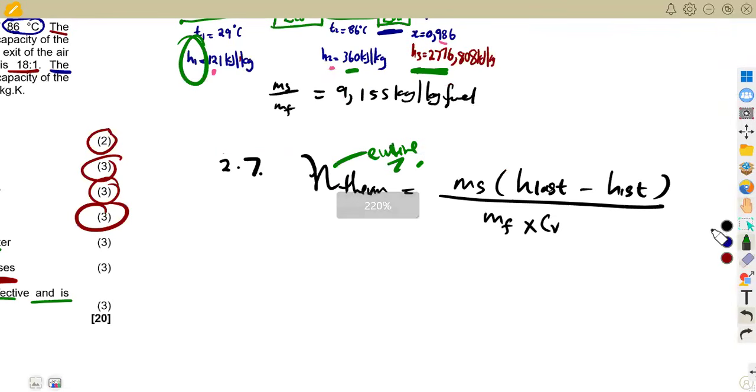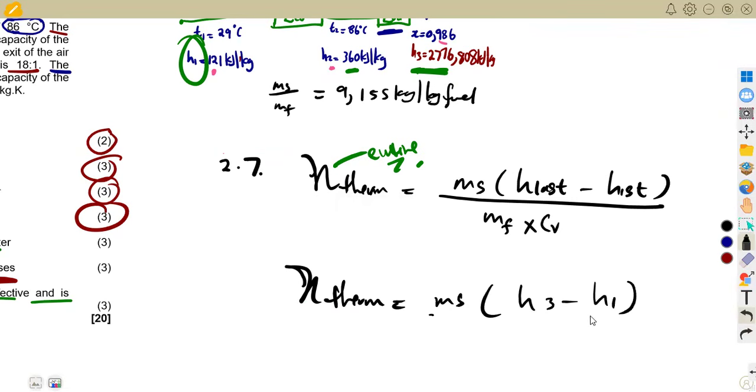Our thermal efficiency in that case is going to be the mass of steam into H3 minus H1, everything over the mass of fuel times the calorific value. Everything has changed, because the superheater has been removed. It's no longer there. So the plant now ends at H3.